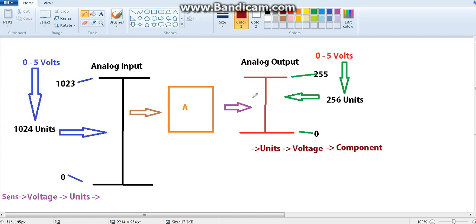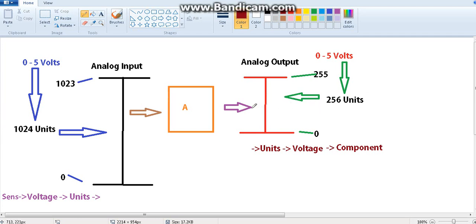That means we have 256 units for 5 voltage. We say please give this amount of units as an output, and Arduino will take this scale with the 0 to 5 voltage, take the respective voltage for the value you are giving, and then give that respective voltage value as the output.